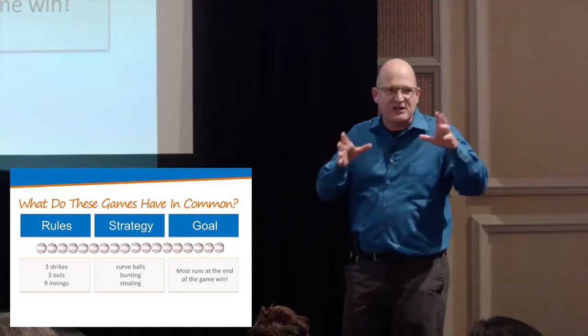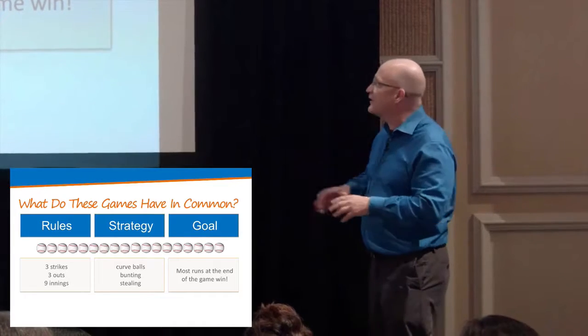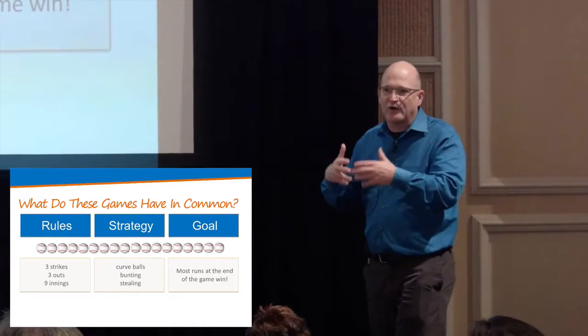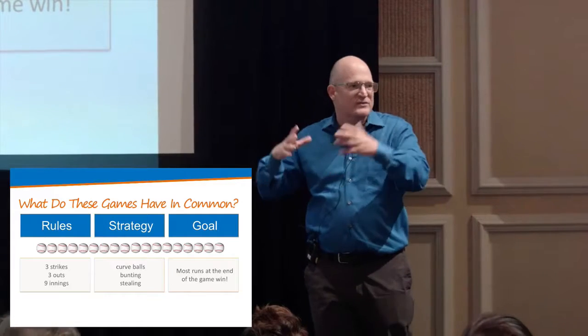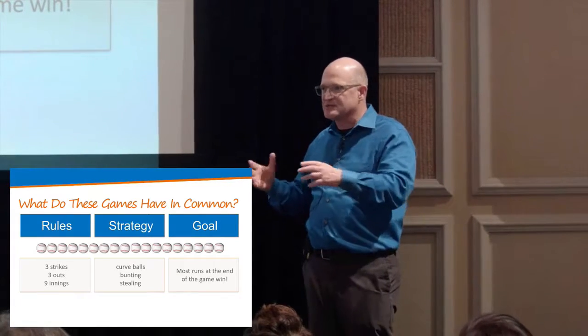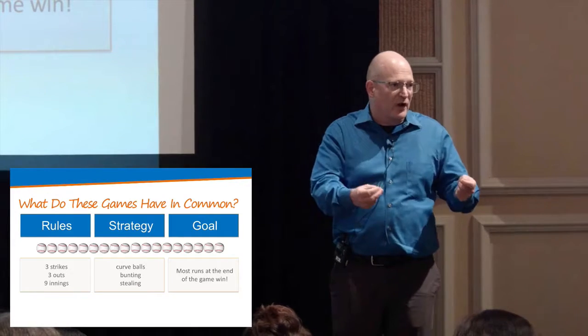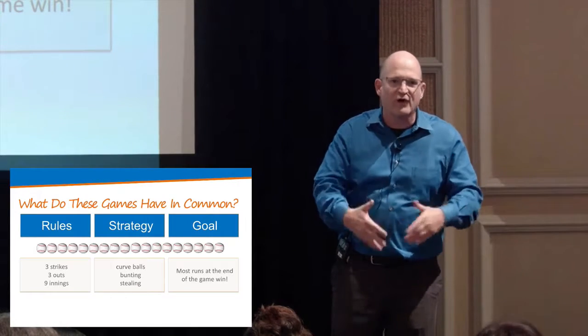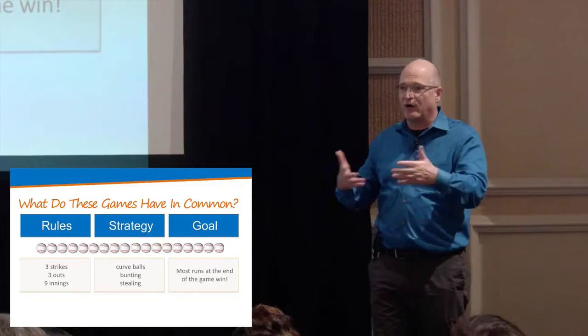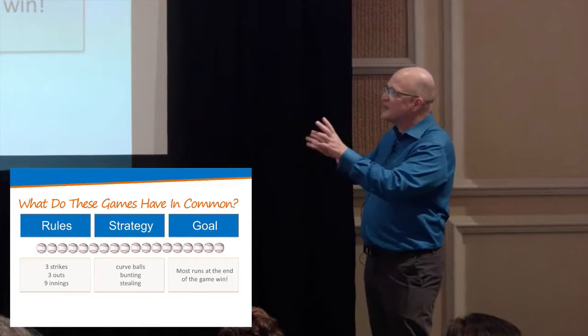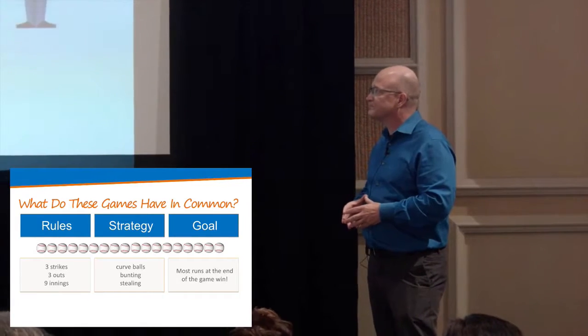Games have strategy that makes you think. And then finally, games have a goal. The goal is the most runs, or to win the game. Most games have instructional goals, things that you want to learn, as well as game goals, what makes the game a winner or a loser. All of these things go into what makes a game.